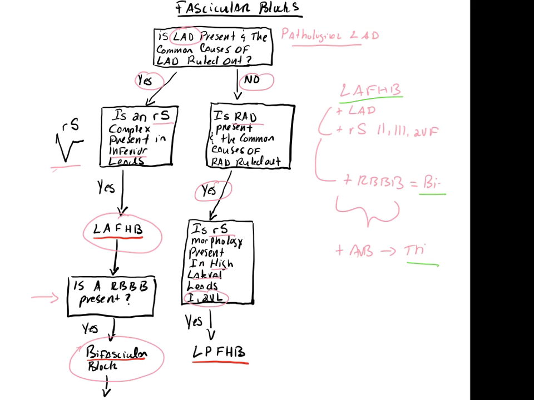Those are leads 1 and aVL. If the answer to that is yes, that is a left posterior fascicular hemiblock. So a left posterior fascicular hemiblock is right axis deviation and a little r, big S in your high lateral wall leads. That's lead 1 and augmented vector left. Okay?